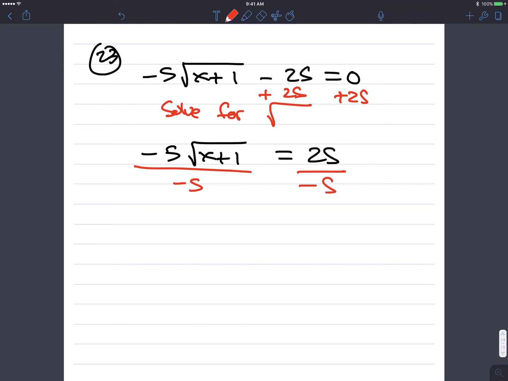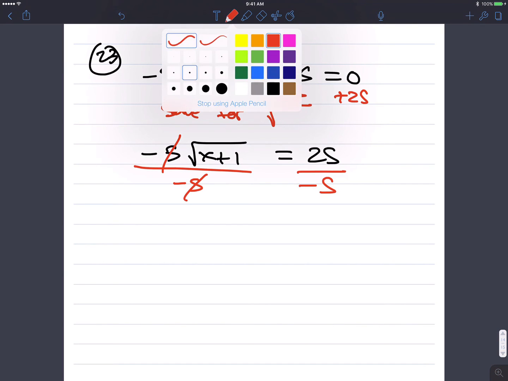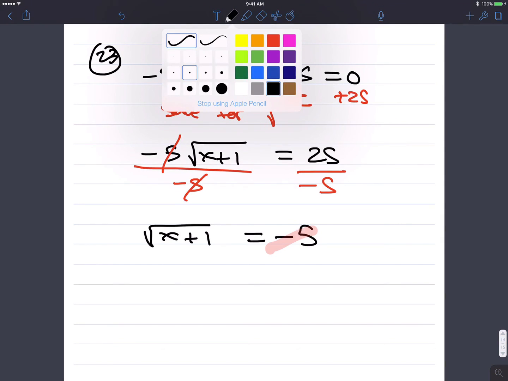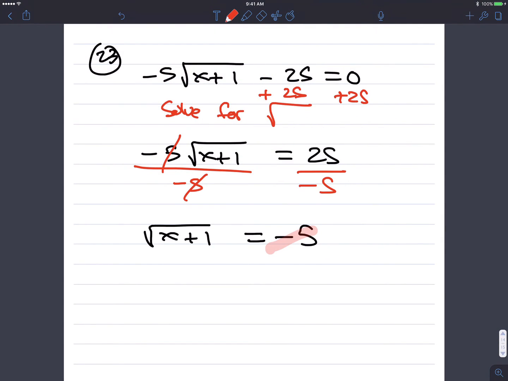You're going to divide both sides by negative 5 here. Let's see what happens to the radical. You'll get square root of x plus 1 is negative 5. Here we go. This is a problem. The radical could never be negative. Square roots here could never be negative. There is no real solution. Solution set is empty.